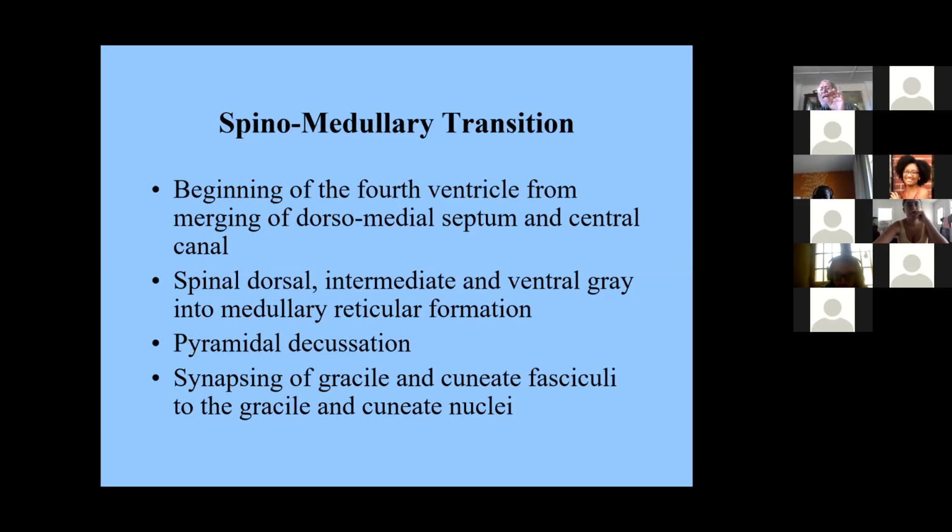What did we end up seeing? Even though we saw a clear dorsal horn and a ventral horn and a central canal, and all of those spinal cord projection things, we all of a sudden also saw the emergence of the pyramidal decussations as they formed into the lateral corticospinal tract.